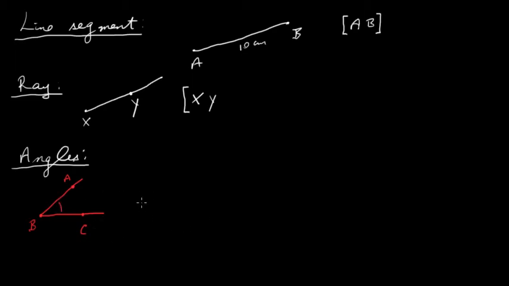So we can describe this in a number of different ways. You can describe it as simply the angle ABC. You can describe it as the angle CBA. Remember that B here is in the middle because we're going from C to B and then up to A, which describes this angle, or from A to B and then across to C. You can write it as the angle ABC like this.